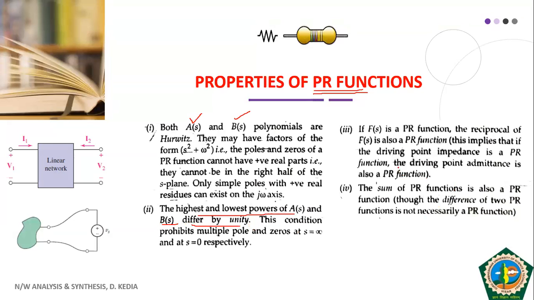Then if your given F(s) is a PR function, its reciprocal is also a PR function. And the last property is that if you have two PR functions, the sum of those will also be a PR function. So if you are already aware that a given function is a PR function, then these properties are deemed to be satisfied. That's all you have to basically memorize.